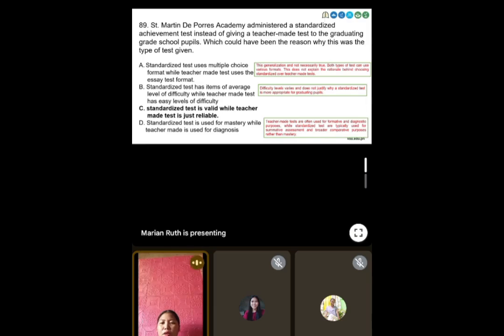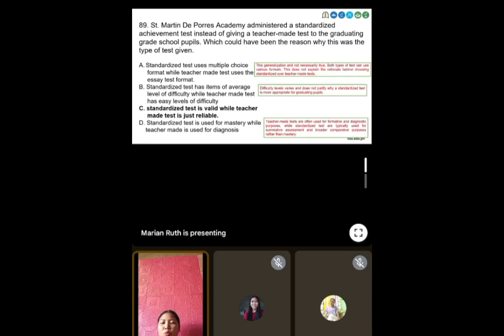This does not explain the rationale behind choosing standardized over teacher-made test. It is also not B, because difficulty level varies and does not justify why a standardized test is more appropriate for graduating pupils.